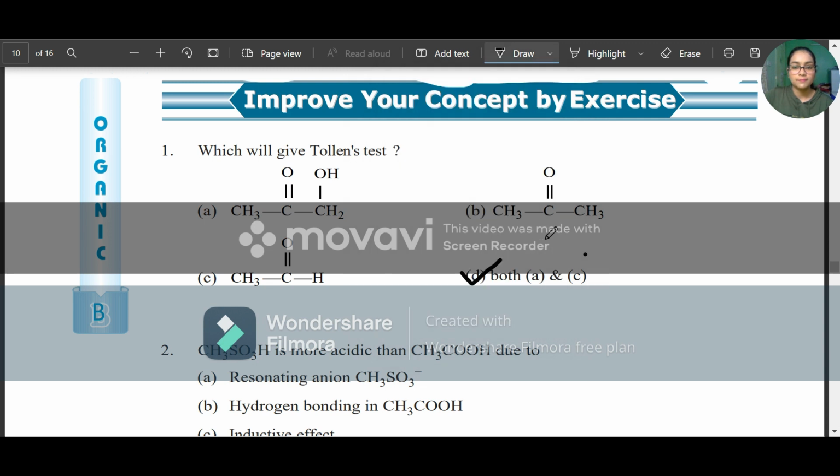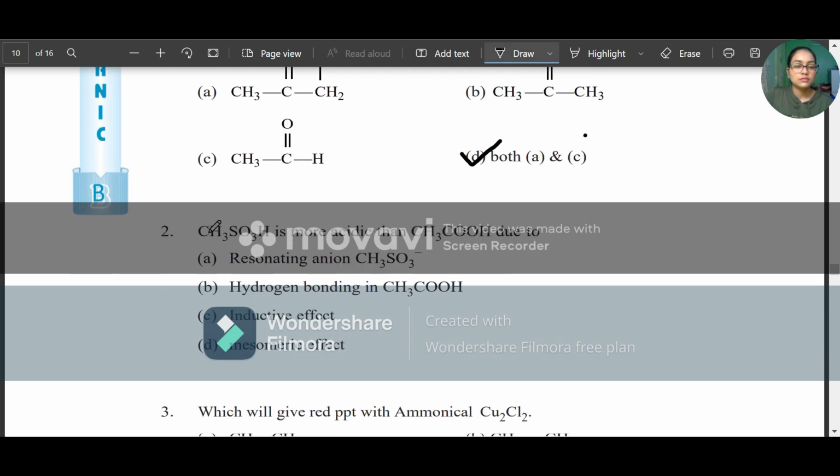D is the answer. This structure, the sulfonic acid is more acidic than CH3COOH, that is carboxylic acid, due to resonating anion, hydrogen bonding, inductive effect, mesomeric effect. The answer is resonating anion.